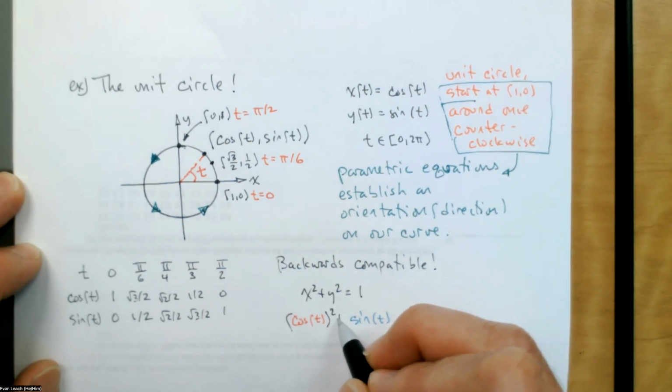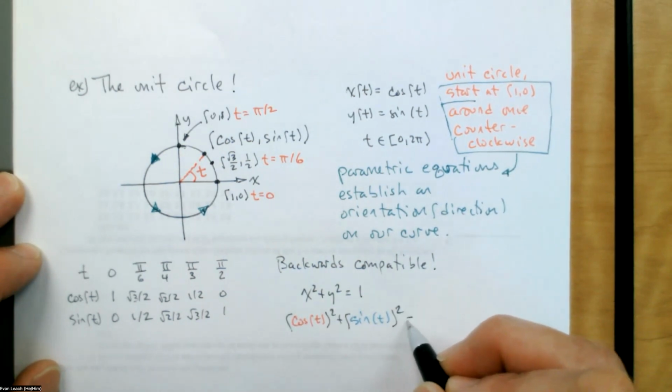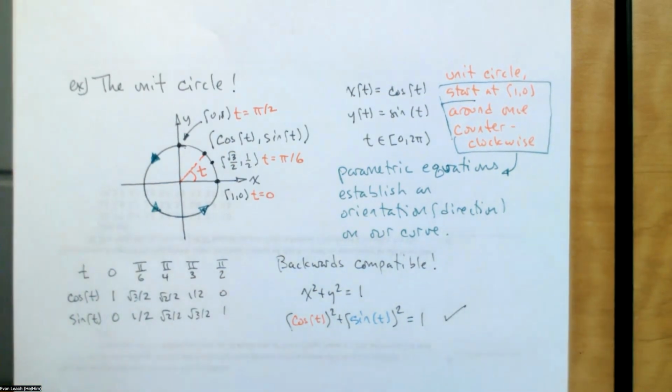Cosine of t squared, or cosine squared t, plus sine squared t is equal to 1. So it fits with our old description. Which is good. If it didn't fit with our old description, then we wouldn't be doing the same thing. And I wouldn't get to use this circle as such a good example. Any questions?